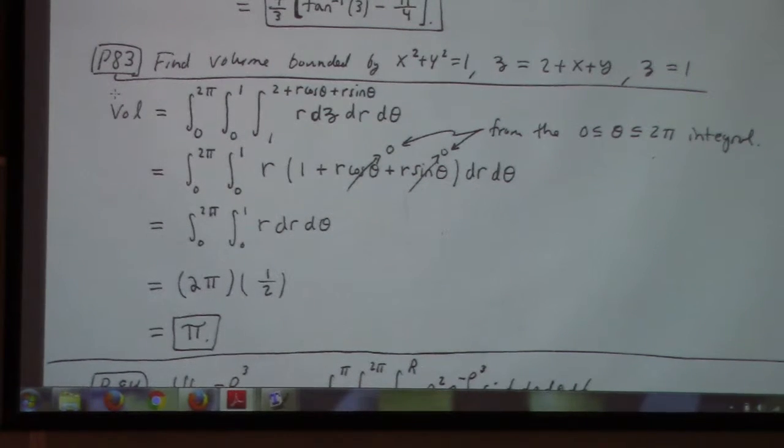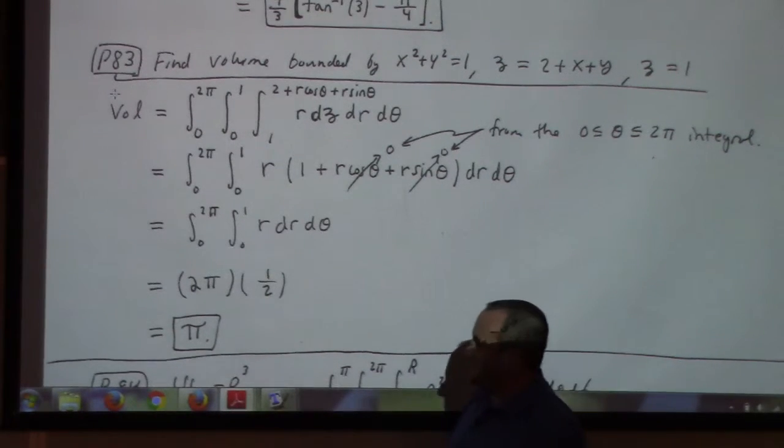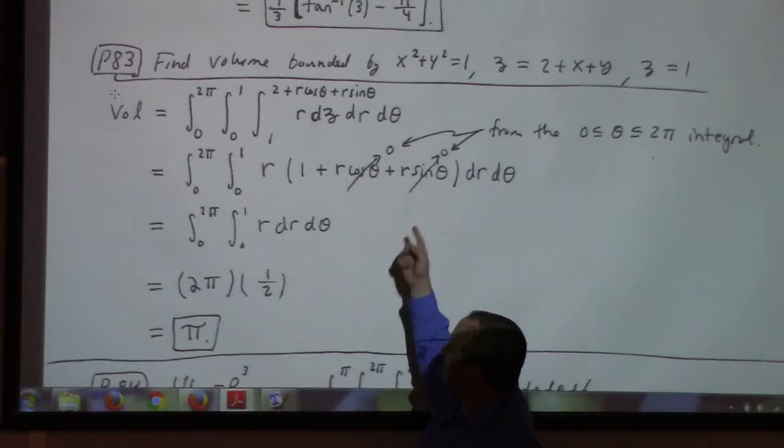So this is the sum of 3 integrals, and those 2 integrals have a cosine multiplicatively in those summands. Still trying to figure out when you can and can't do that. Fair enough, but that you can do.